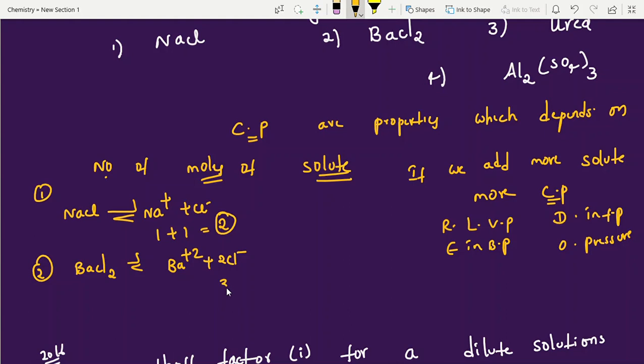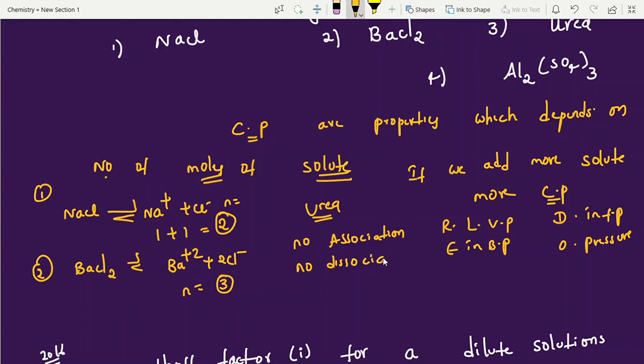How many particles here? 3. Number of particles, N equal to 3. Here N equal to 2. Here, no association, neither association nor dissociation.